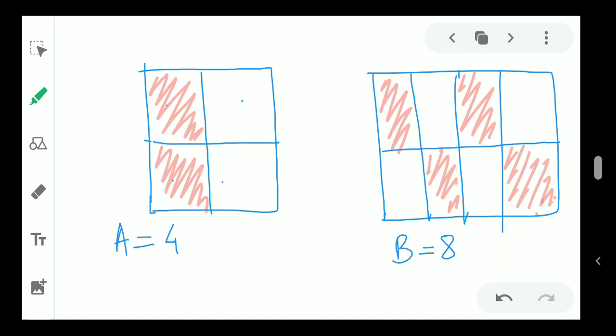Now if you want to compare your work with his work, you have to be very unbiased. That means you have to always remember that you have 4 pieces whereas he was having 8 pieces. So what you have to do, you have to make your case similar to that case.